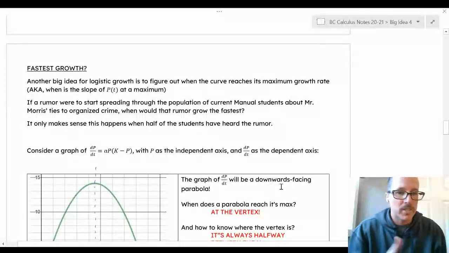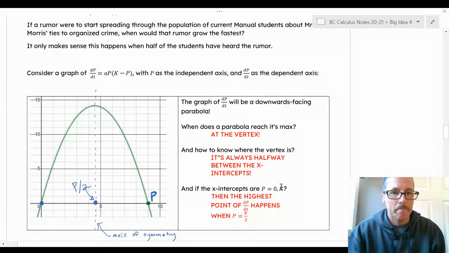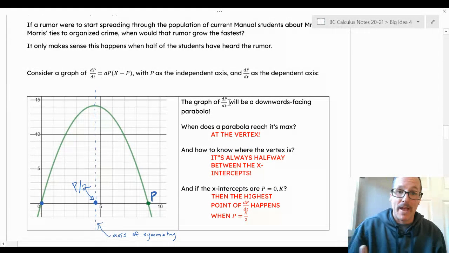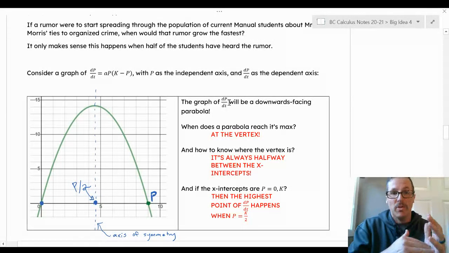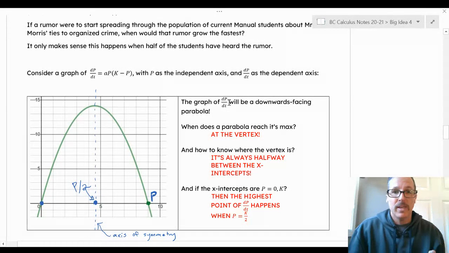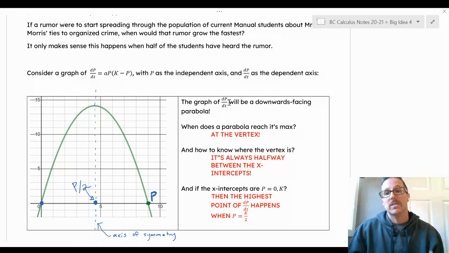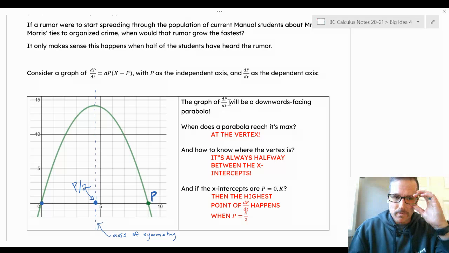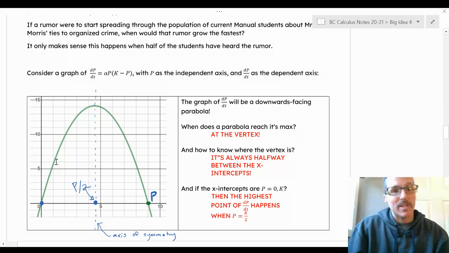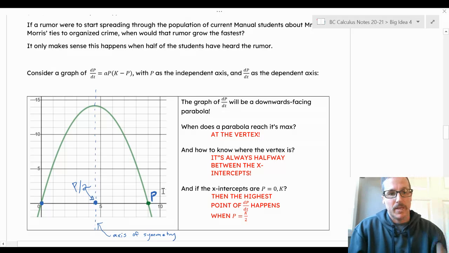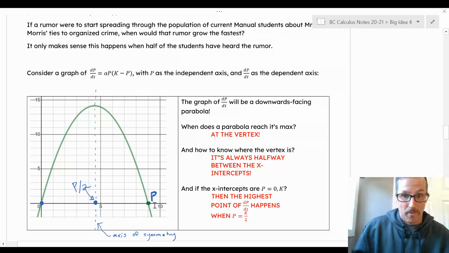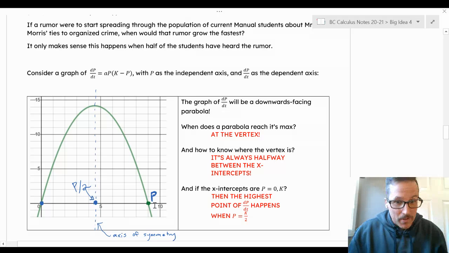If we consider the graph of dP/dt, where the value of P is the x-axis and dP/dt is the y-axis, it will always look like an upside down parabola, right? Some things I know about parabolas are they're symmetrical.